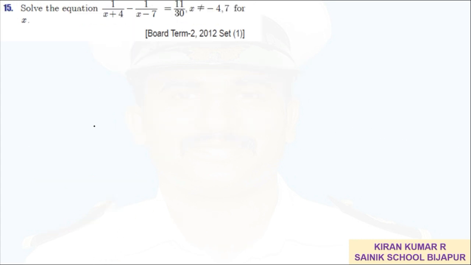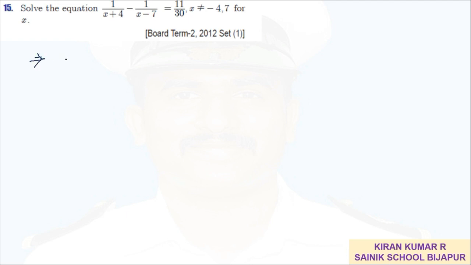Question 15. We had solved many questions of this type where the fraction is having the variable. We would take LCM. If you observe properly, the constant is there towards the right hand side. In the left hand side, we can take the LCM. LCM is nothing but the product.